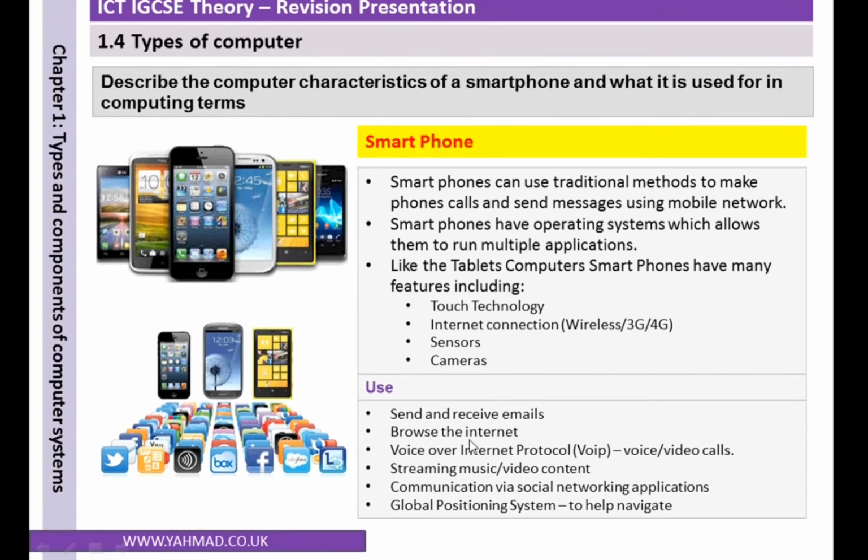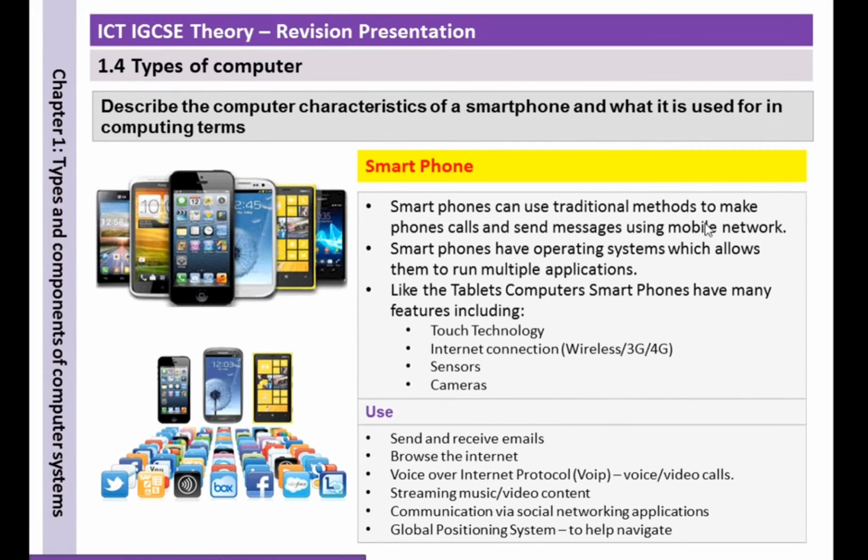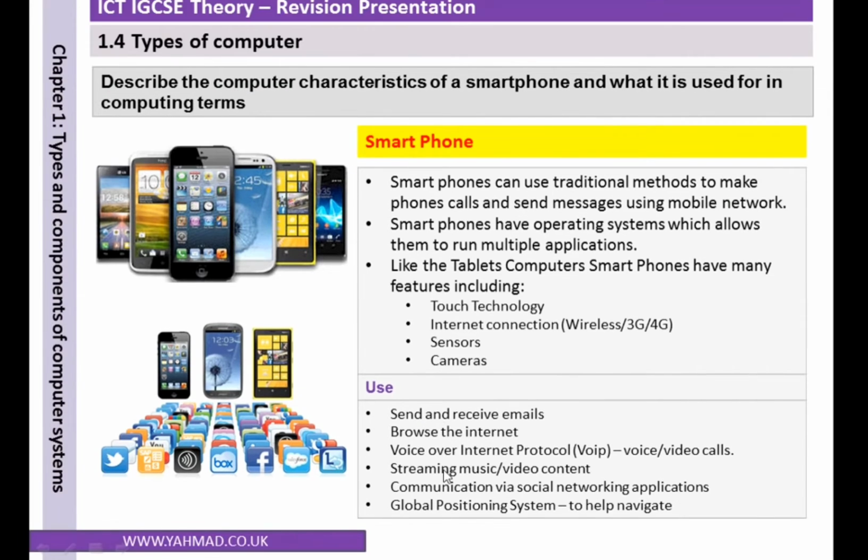So the use of a smartphone is to make phone calls, to send text messages, as well as receiving and sending emails, browsing the internet, using voice over internet protocol, so applications like WhatsApp or Viber to make voice or video calls, streaming music or video content, communication using applications, social media, and also maybe to help you navigate, so using your global positioning system.